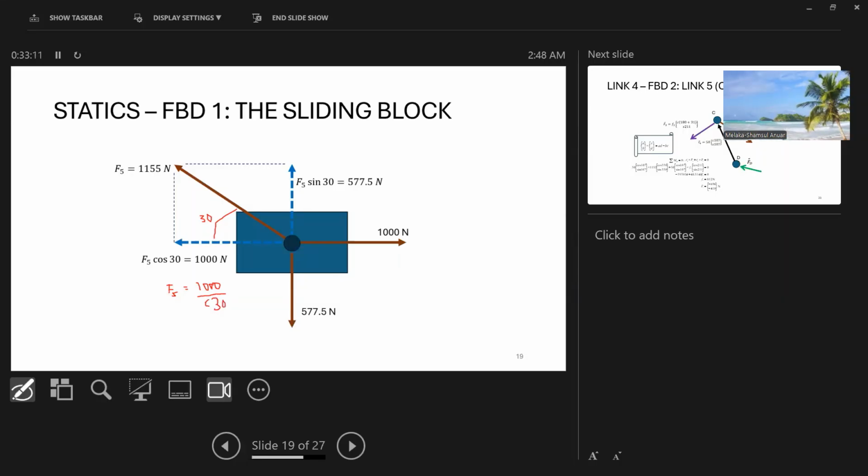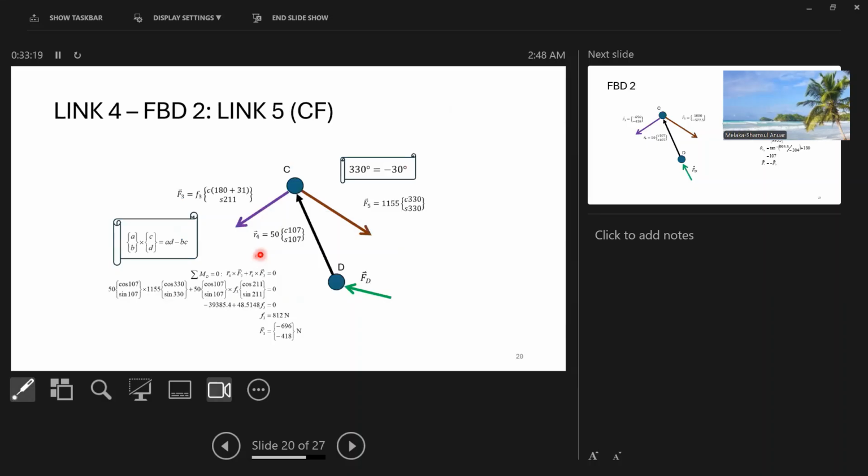Then that should give us this much. All right, and then the second free body, which is in link 5, should be in link 4.